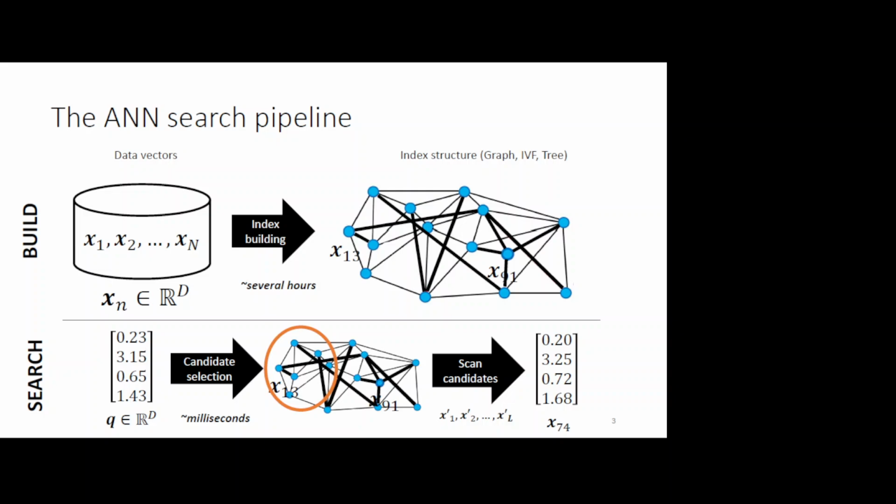It usually takes several hours to build your models, depending on which index model you want to do. For example, if you choose to build a graph structure, it's very big, so it will take several hours. But if you do a simple inverted file index structure, it would be faster than a graph-based structure.